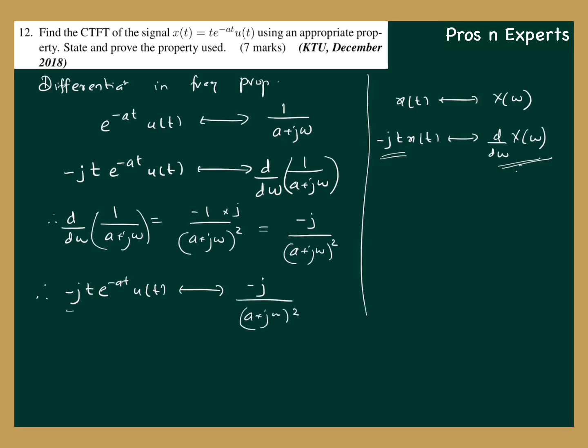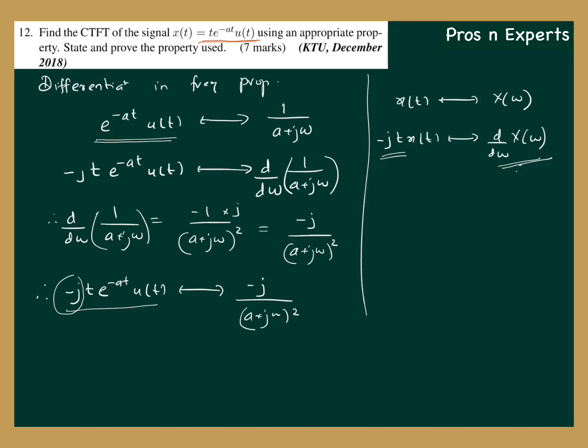But is this the question? No, the question has only t e raised to minus at u of t. Okay, so a minus j is extra here. As per the linearity property, we can bring this minus j to the denominator of this expression.